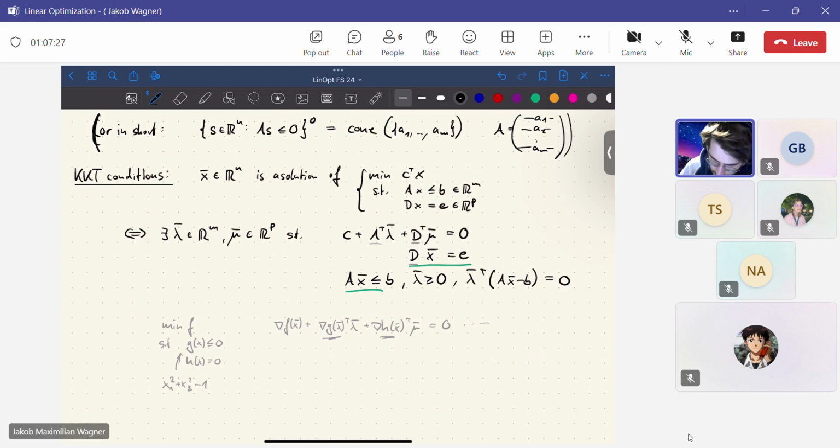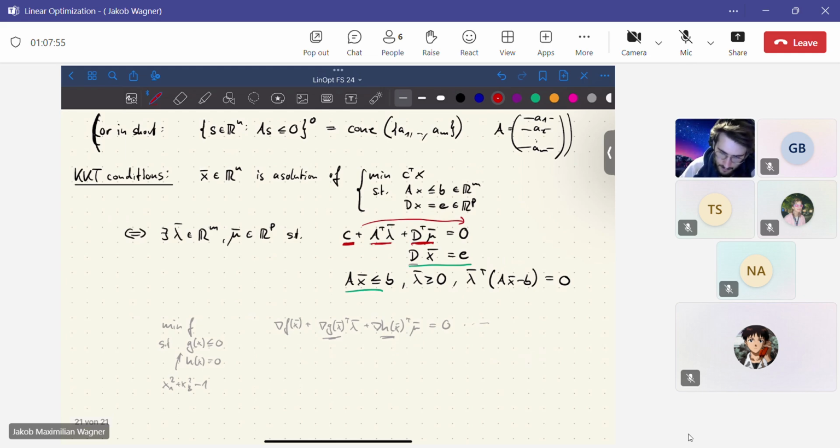So we have the feasibility conditions here. We have the condition that we can express C as a linear combination of the row vectors in A and in D. And if you bring C with a minus to the other side, this is geometrically the same condition as saying that minus C should be in the normal cone.